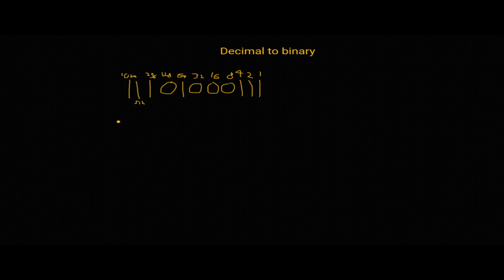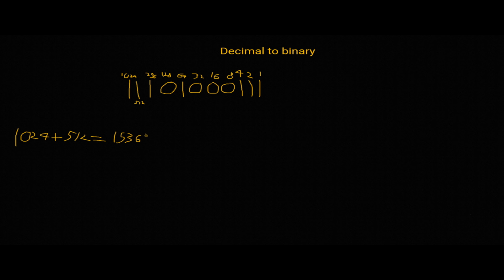So starting from left to right, we have 1024 plus 512, which is 1536.